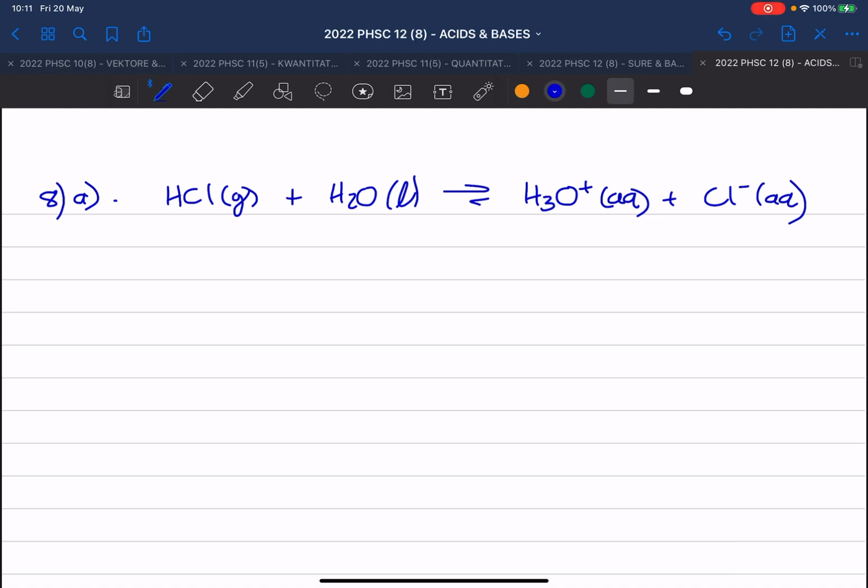No, that is the Arrhenius definition. It's a proton donor. So here it gives away that hydrogen to become the hydronium ion, and it's a monoprotic acid.